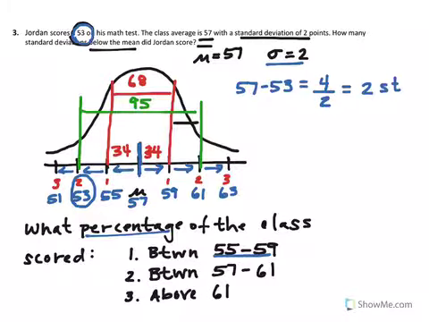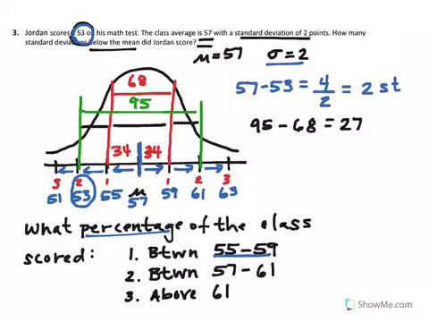Well, if we take 95, we know that this middle portion is already 68. So if we say 95 and we subtract from that 68, we get 27.